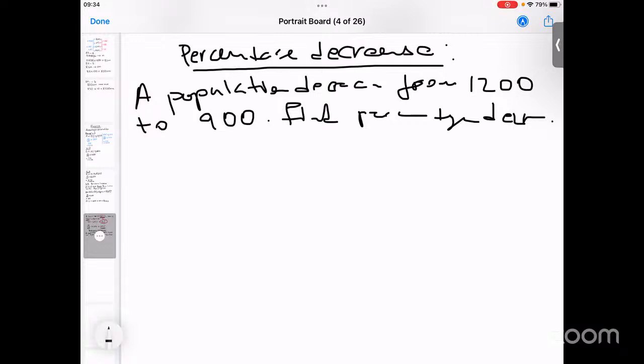This is how you work it out, almost the same as what we have done before, whereby originally we had 1,200 people, and now we have 900. How many did we lose, or what was the decrease in terms of the number? 1,200 minus 900 is definitely 300.